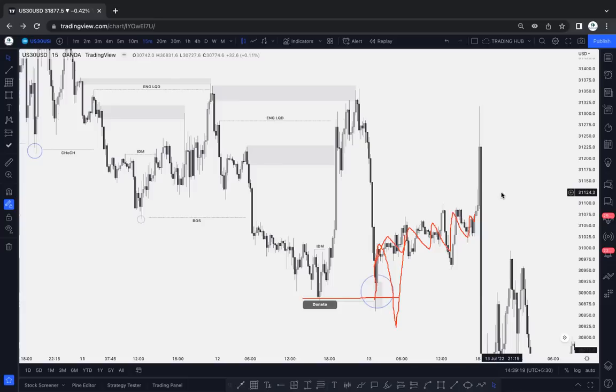This is an EDM inducement, and this is my order block. Exactly, correct. And my order block is this sweep, liquidity sweep. Perfect, great job.